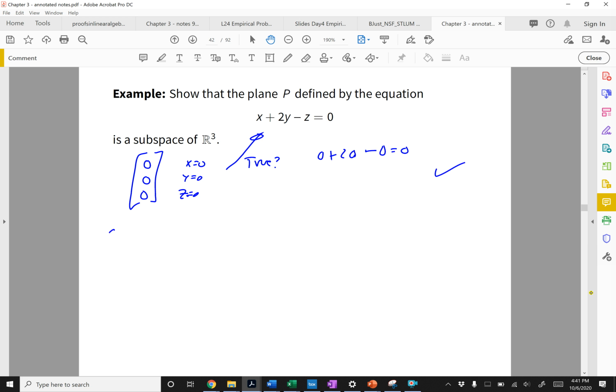What about closed under addition? Well, let's take 2 points here.